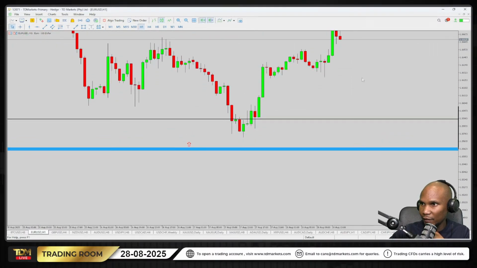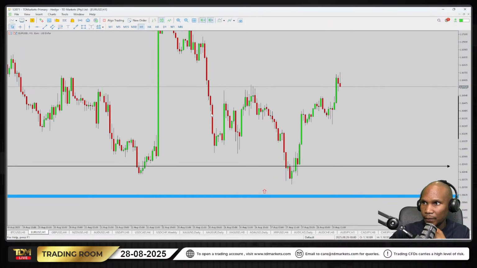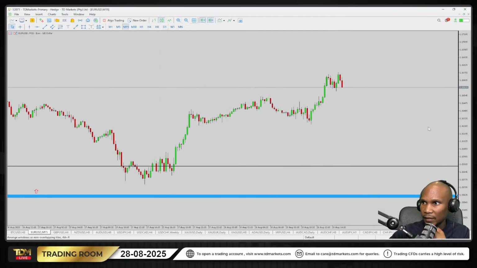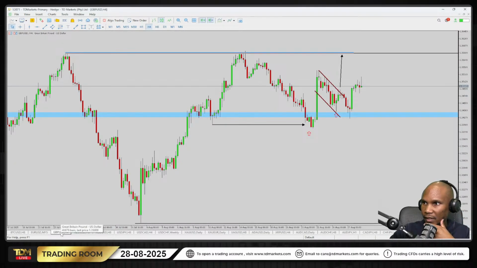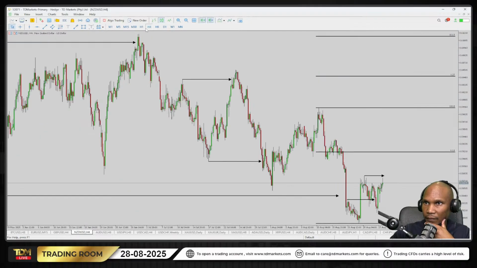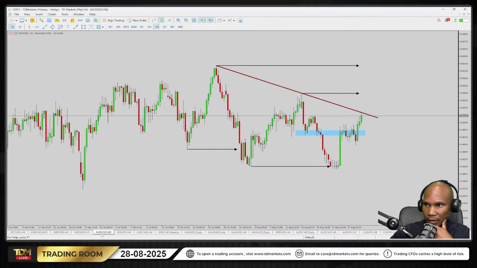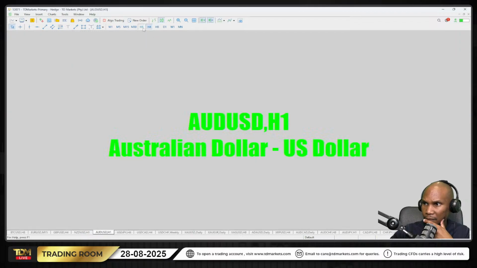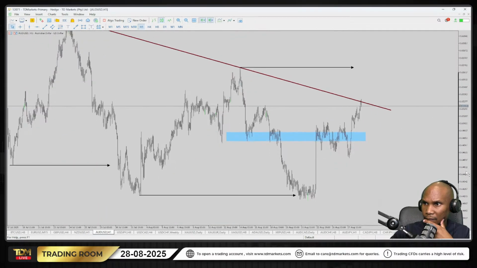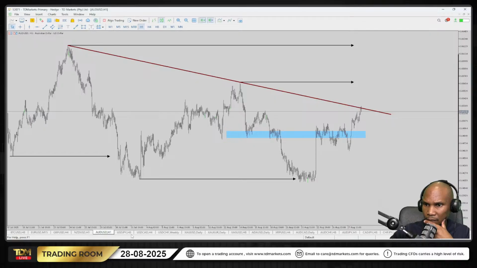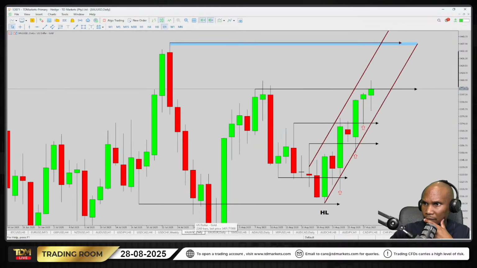So maybe let's have a look at Euro USD. Right, so we're seeing the data favors a stronger dollar.